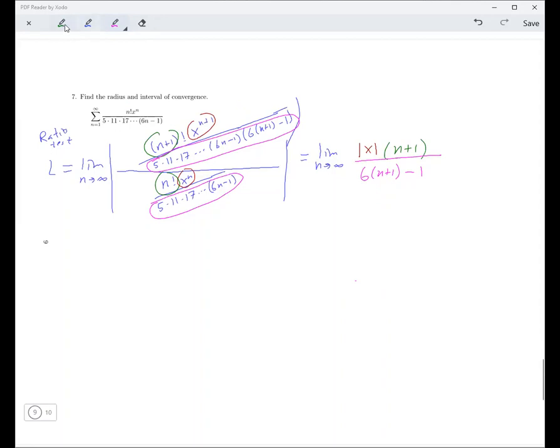Now, as you go to infinity, you're going to get absolute value of x over 6, because all of this goes to 1 over 6. And so then you take that, and set it less than 1, that gives you this.